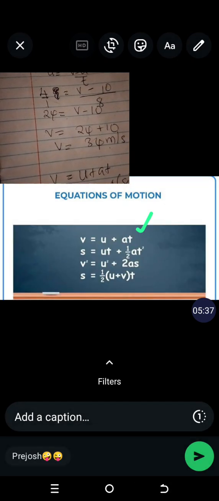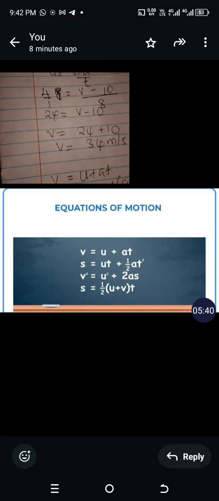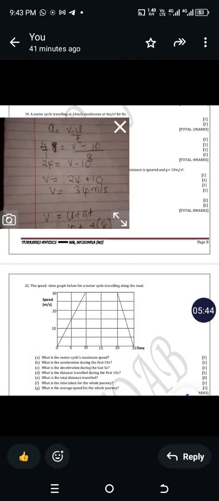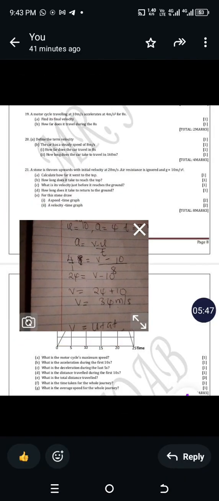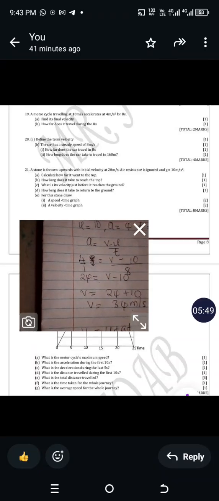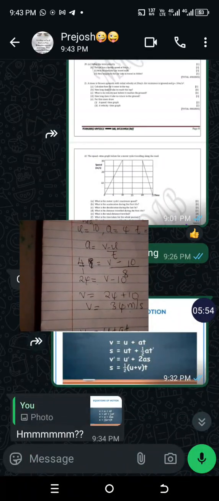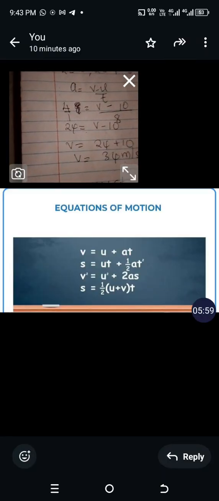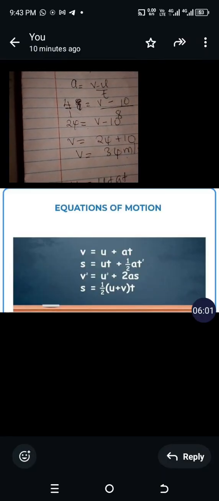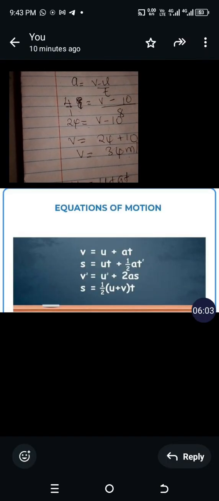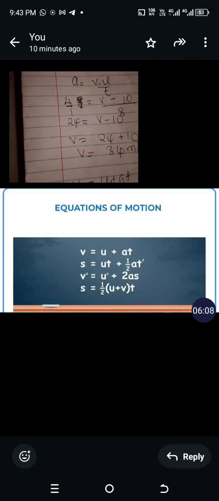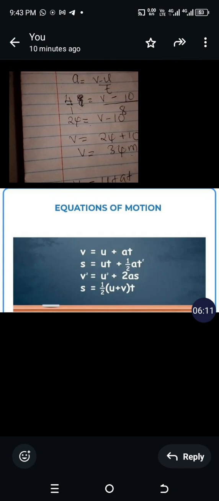Let's go to our second question. With our second question, they want us to find how far the distance, how far does it travel during the 8 seconds. So we'll go to our formula. We said the second one represents distance. So this is s equals ut plus half at squared, where u is the initial velocity, t is the time, half is constant, a is acceleration.